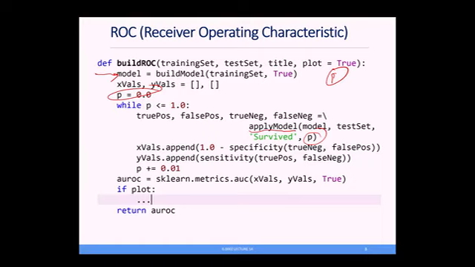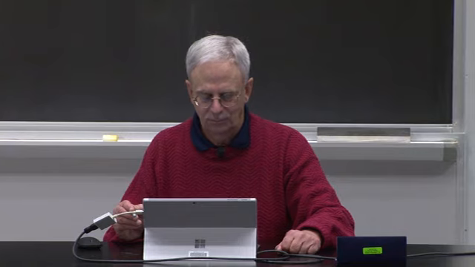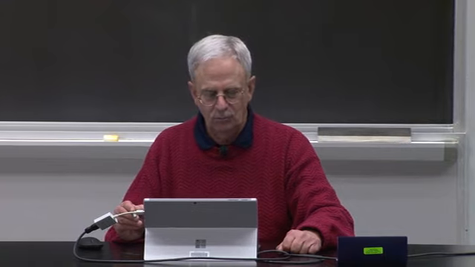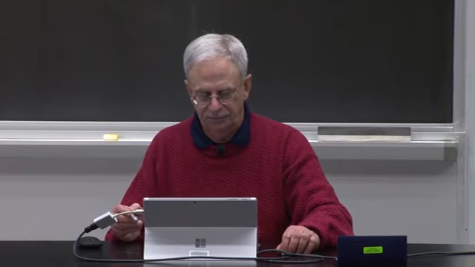I'm then going to plot a two-dimensional plot. The y-axis will have sensitivity, and the x-axis will have 1 minus specificity. All right, so I am accumulating a bunch of results.